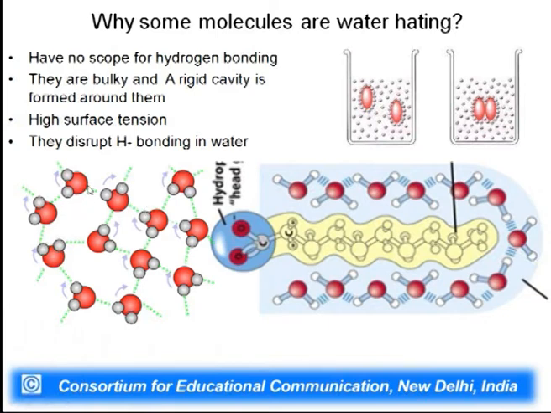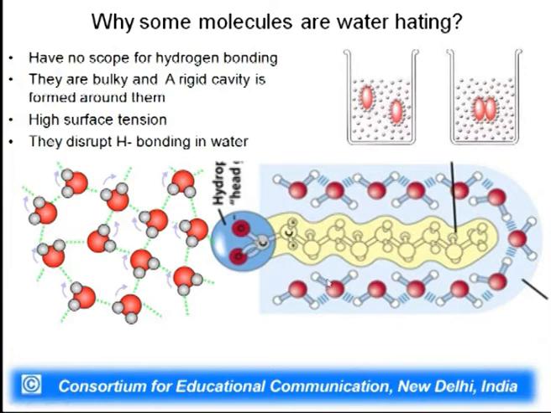When such water is introduced with a droplet of oil, all these flickering motions are restricted because it can no longer form hydrogen bonding with the hydrophobic oil droplet, and it has to form some rigid hydrogen bonding amongst itself. And we see here how a cavity or cage-like hydrogen bonding with short distance and small angle is formed. You can see the small angle of hydrogen bond being formed here.